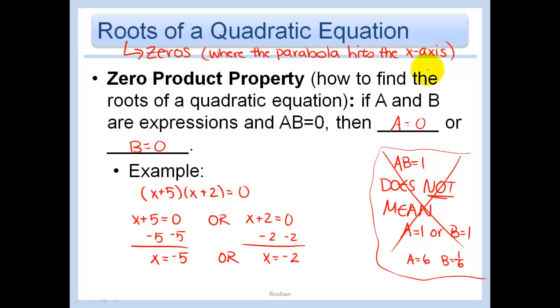I'm not going to get into it in this lesson, but a little bit of a hint, if you want to think about it right now, is if I have something like y equals x squared plus 7x plus 10, and I wanted to find the zeros, wouldn't I be just making y equal to 0 to find the zeros? And when I make y equals 0, isn't that saying the same thing as finding the x-intercepts? Boom, that all goes together. If you didn't get that, that's okay, but if you did, awesome.